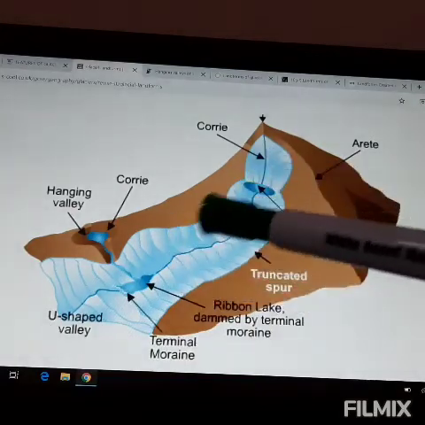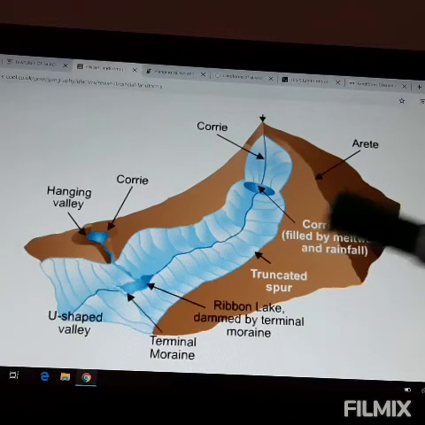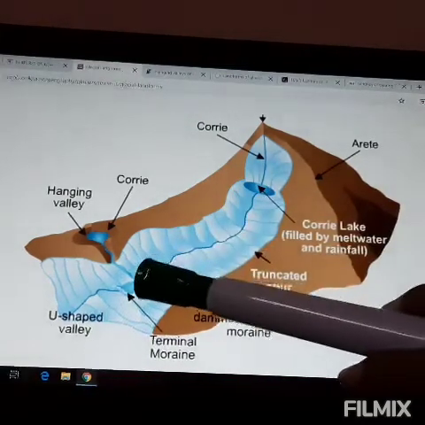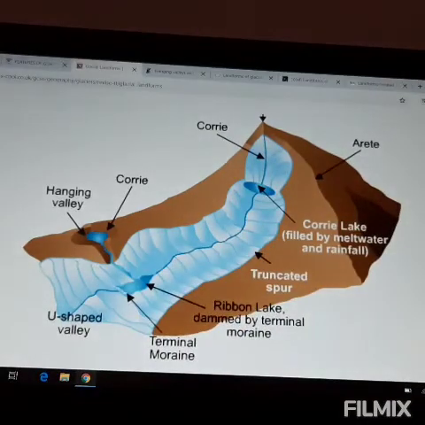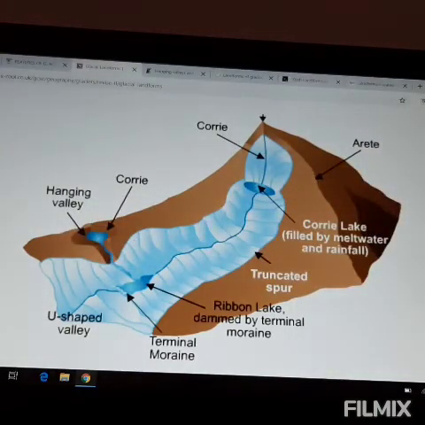Then they move down. That is the truncated spur. And here you find the debris, that is the materials brought by the glacier and deposited here, which is called terminal moraine. There are two glaciers bringing and depositing here, and you find a hanging valley, a deep cut valley which flows down abruptly.